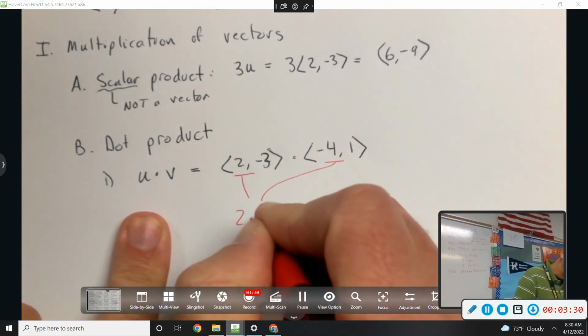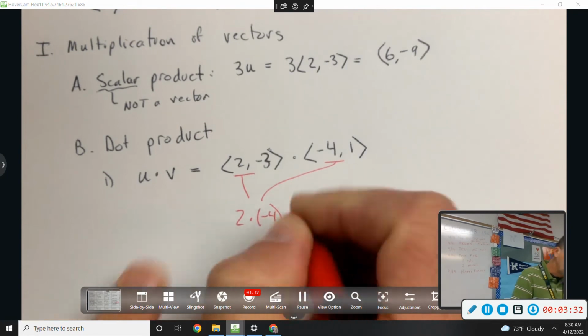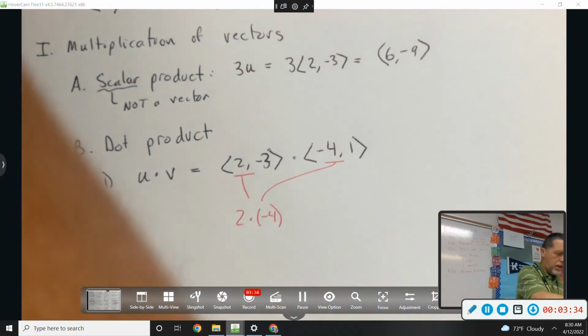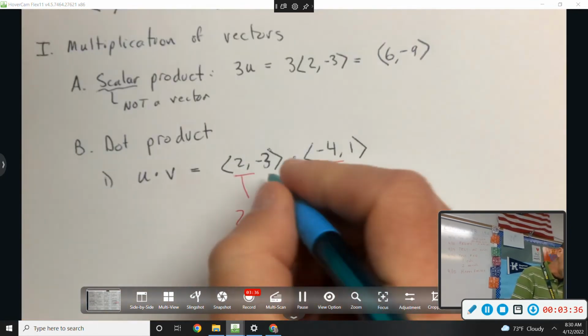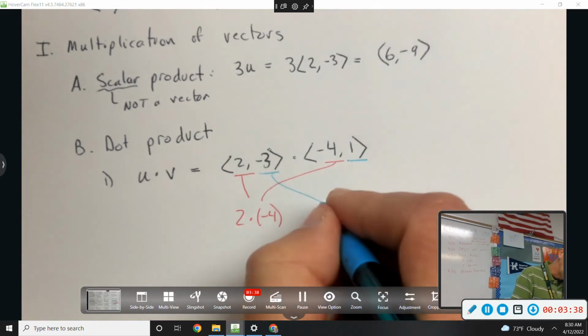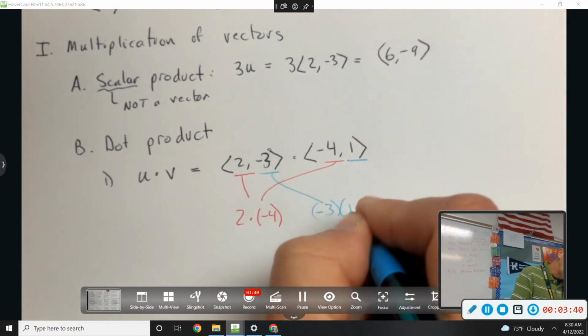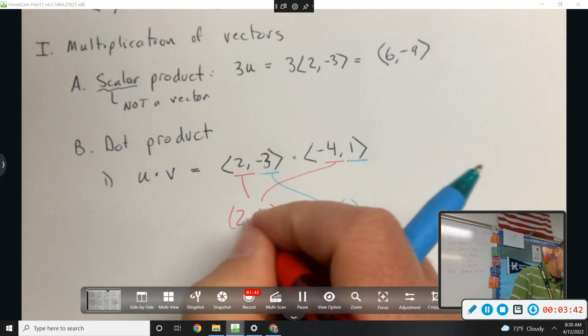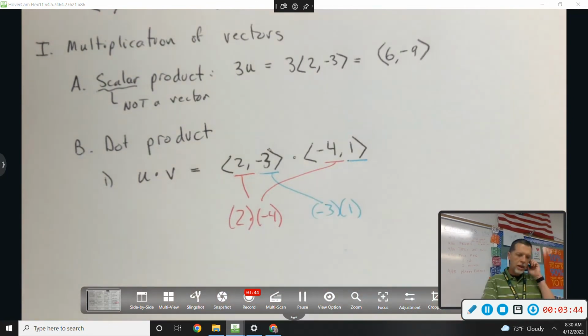So 2 times -4. And the other multiplication, the y stuff, -3 times 1. And we add them together. So multiply the x's, multiply the y's, and add them together. And if it was a 3-dimensional vector, you would multiply the z's and add them in as well.